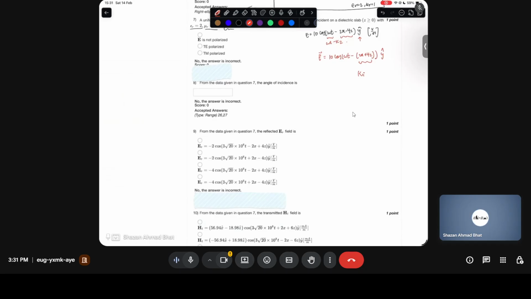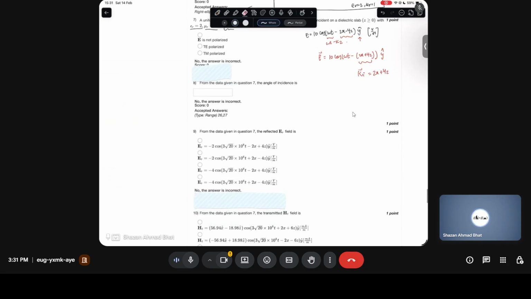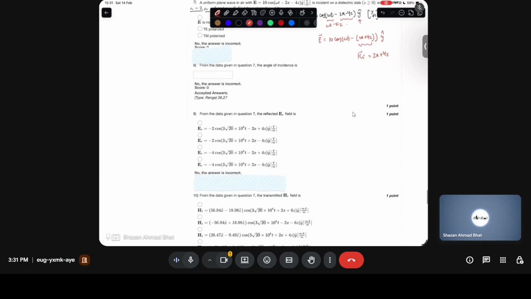So the k incident direction will be basically 2x plus 4z. That means kix, because this k incident can be divided into two components. This is kix, so this is basically a directional unit vector, and this is kix and this is kiz.